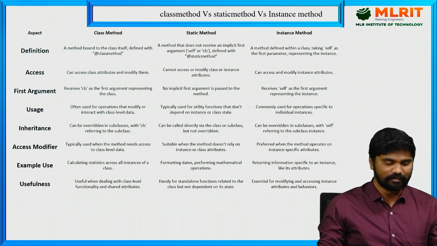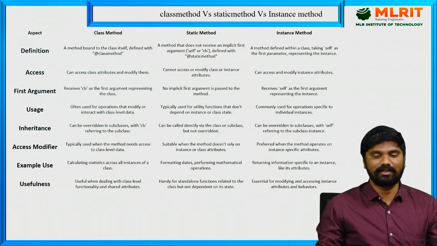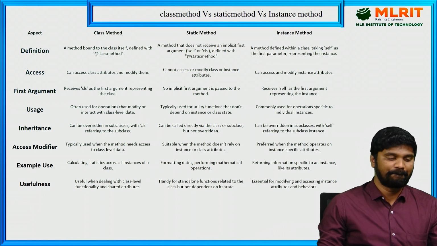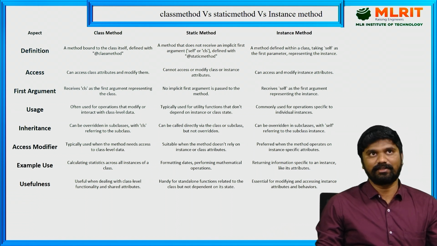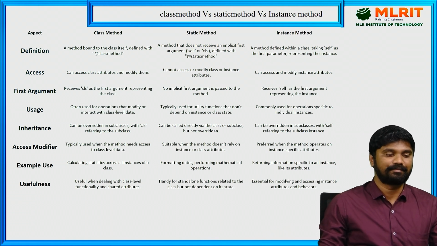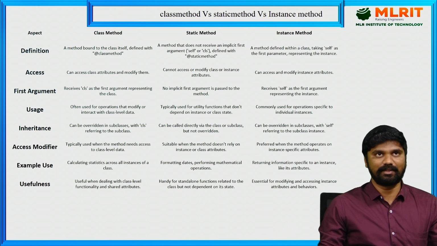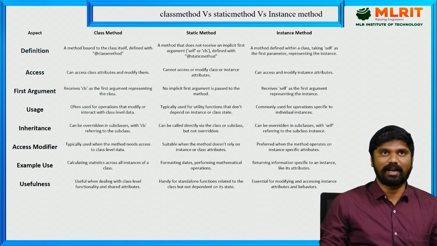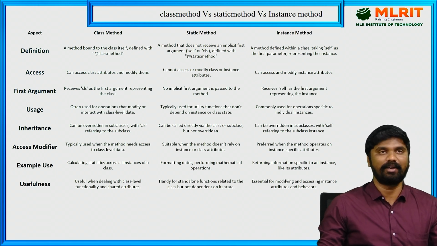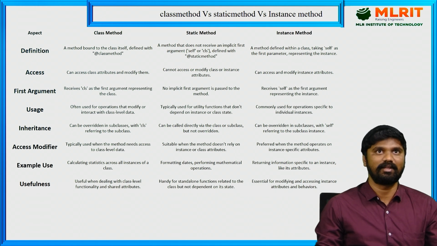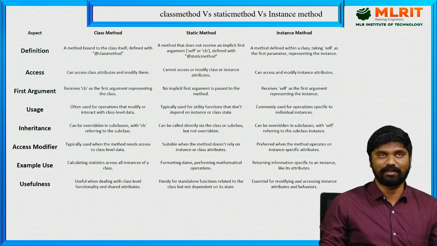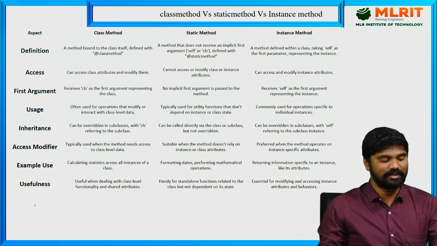Next, there is one more method, that is the class method. So what is this class method? We can define the class method with the @classmethod decorator, and into that class method we have to pass one parameter as the first parameter, that is cls.